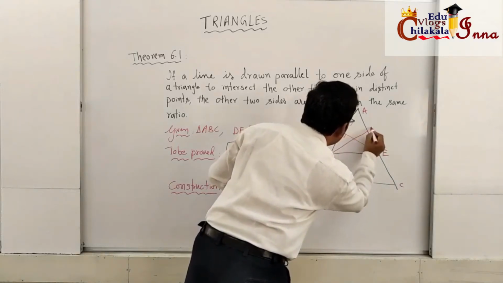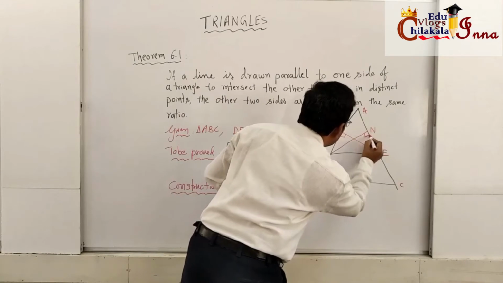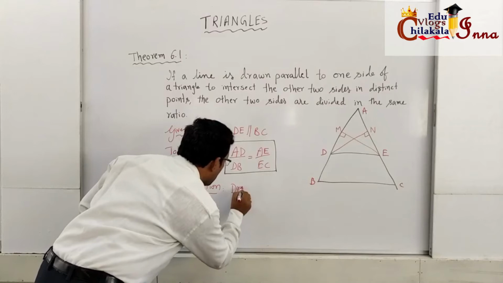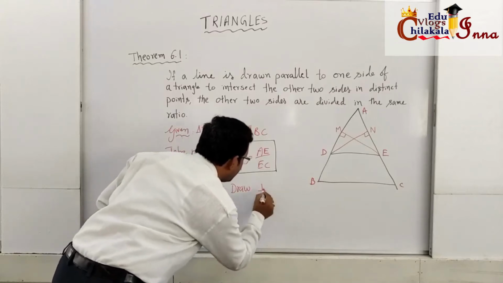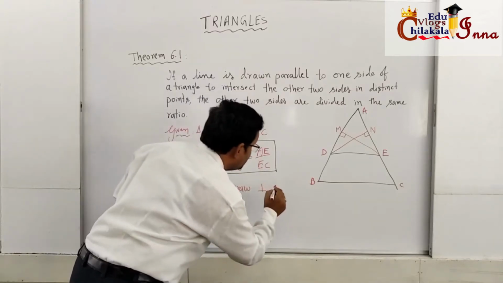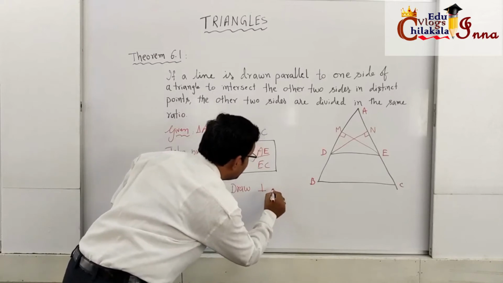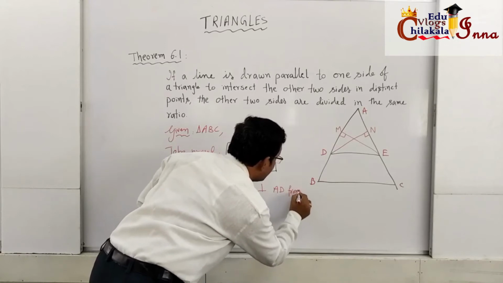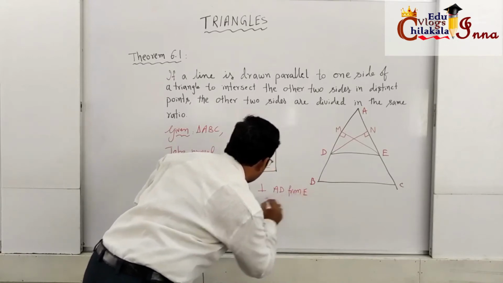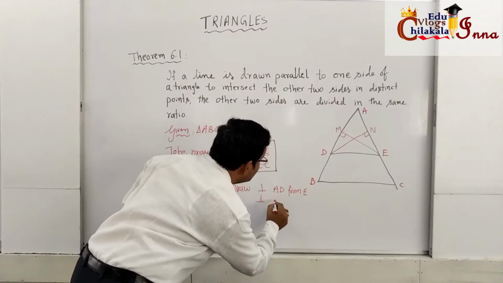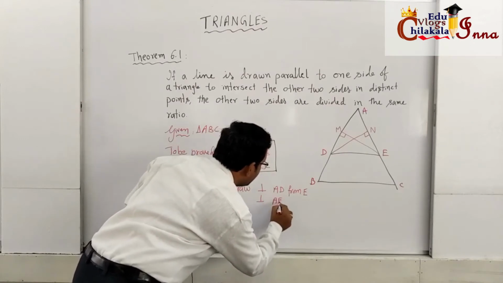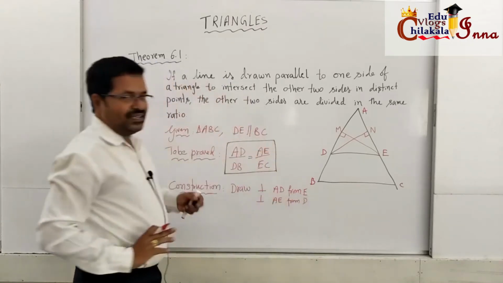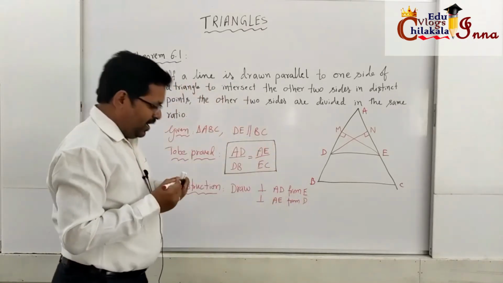Let us say this is M, this is N. Draw a perpendicular to AD from E, and draw a perpendicular to AE from D. That is one construction we did.